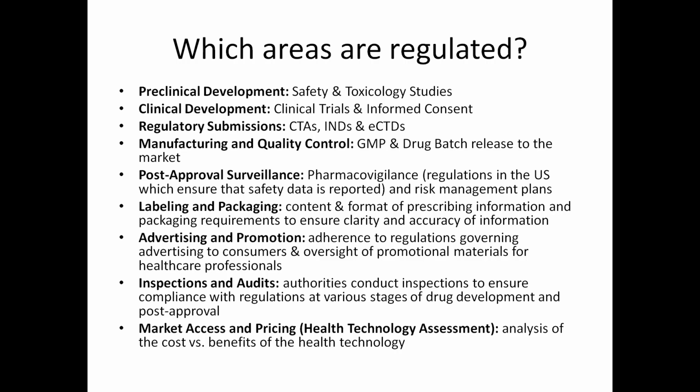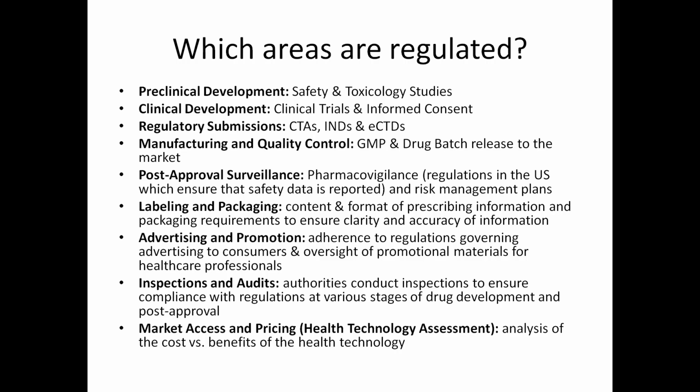Post-approval surveillance. Pharmacovigilance, which are regulations in the U.S. which ensure that safety data is reported, and risk management plans. Labeling and packaging, which are content and format of prescribing information and packaging requirements to ensure clarity and accuracy of information.